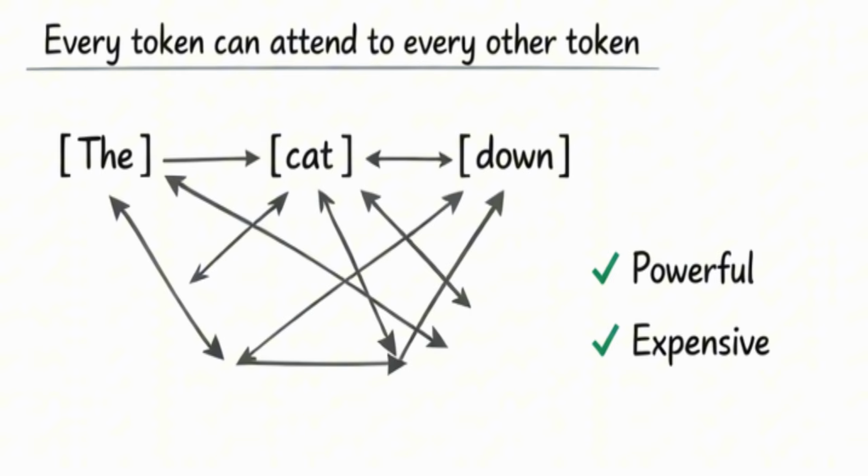So we've got our normal input here, which is "the cat down." Normally, a human would look at this and not necessarily know what it means. The LLM also wouldn't necessarily know what it means right off the bat. And we can see that there's all these different, essentially, arrows all over the place.